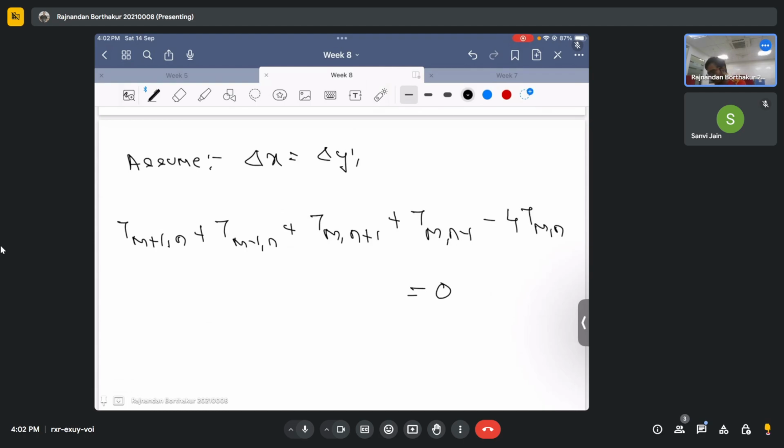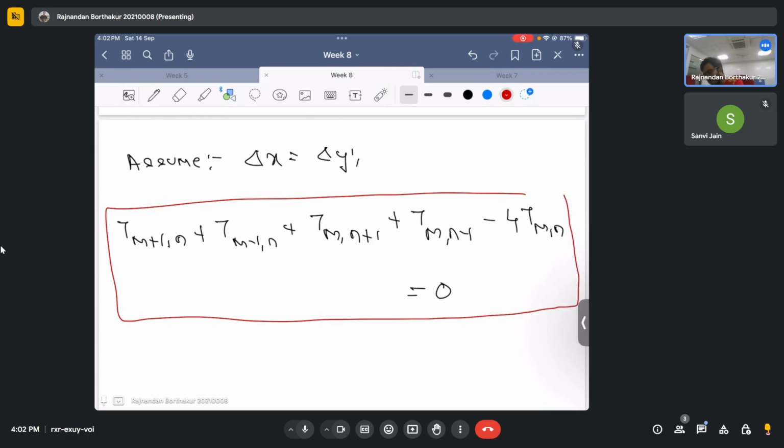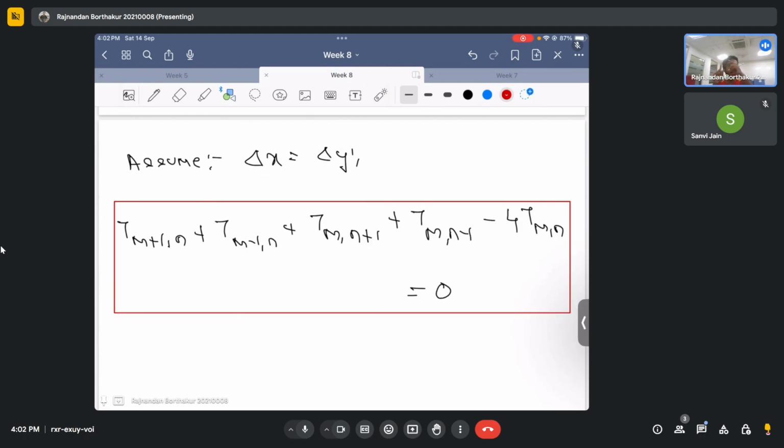Considering the assumption that delta x is equal to delta y, you have transformed your differential equation into an algebraic equation defined at each and every grid point, using the method of discretization of finite difference.